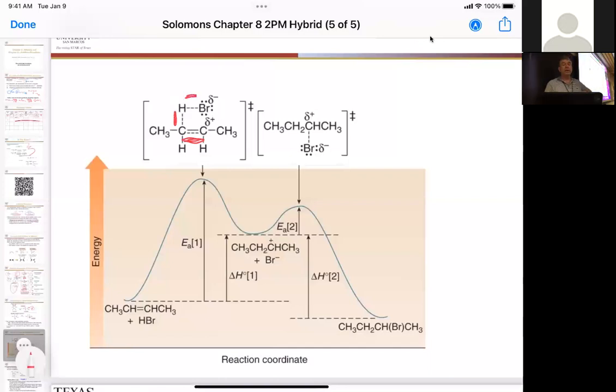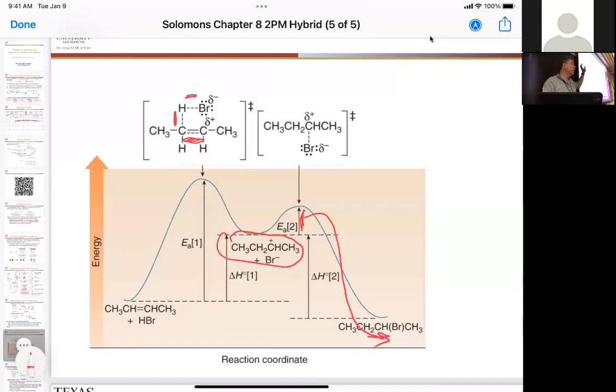Okay, so the electrons from the alkene are reaching out and grabbing that hydrogen, and that breaks the bond between the hydrogen and the bromine. And when it does that, it generates this high energy carbocation right here. And then it has a much lower activation energy to react and go down to products here. Notice that most of these reactions are going to be exothermic because a pi bond is not as stable as two sigma bonds.